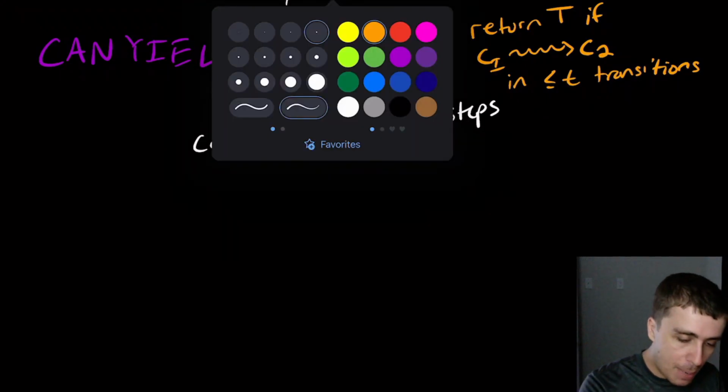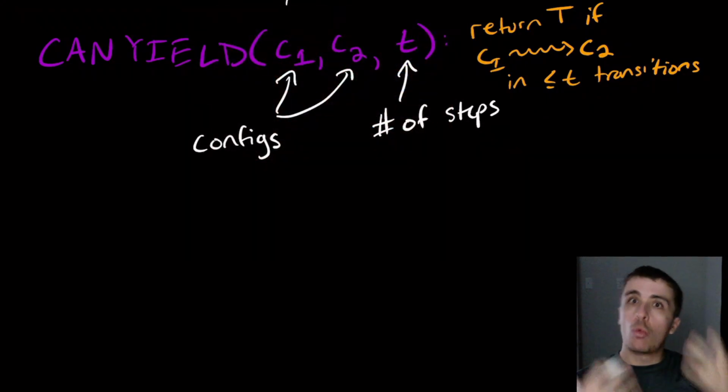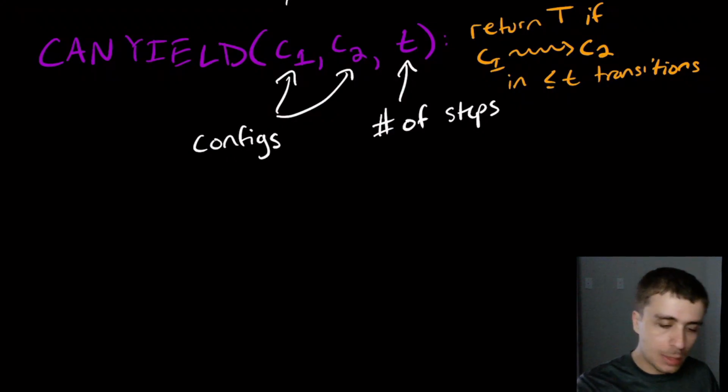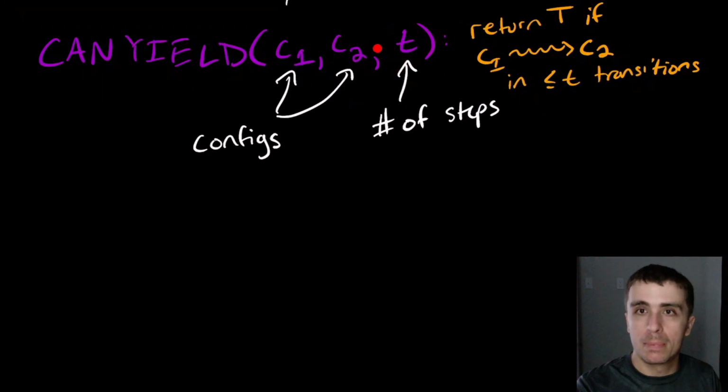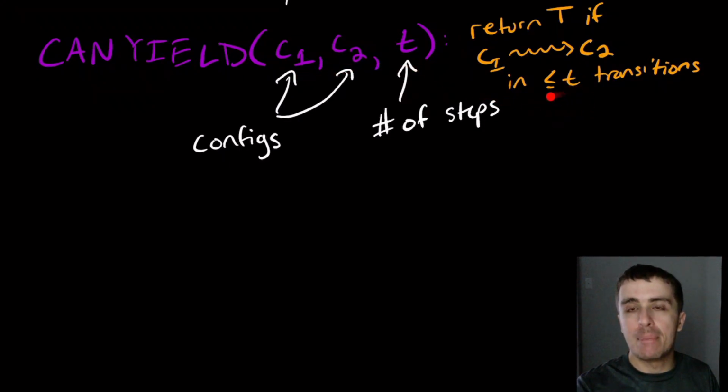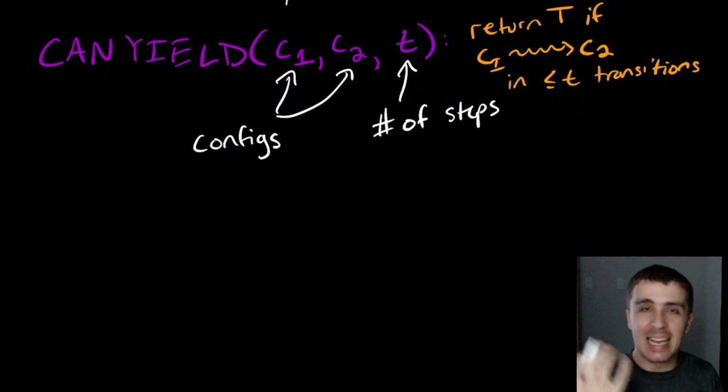So how would that possibly work? Well, what is the base case here? So the base case is when T is 1. So if T is 1, that means I got to get from C1, which is just some configuration, to another one in at most 1 transitions. So it's either 0 or 1, obviously, right? You can't have a negative number of transitions.